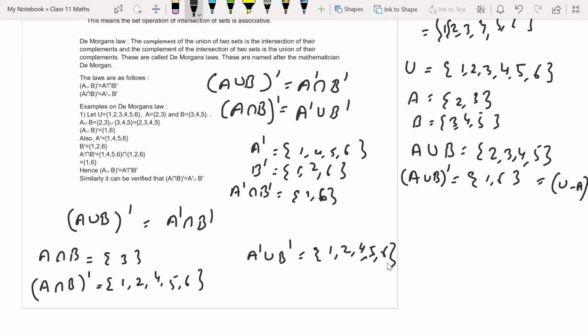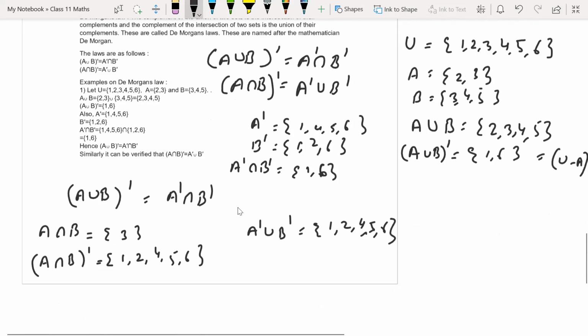Hence, we have verified the second law also, that the complement of A intersection B is equal to the union of the complement of A and the complement of B. This is De Morgan's law.